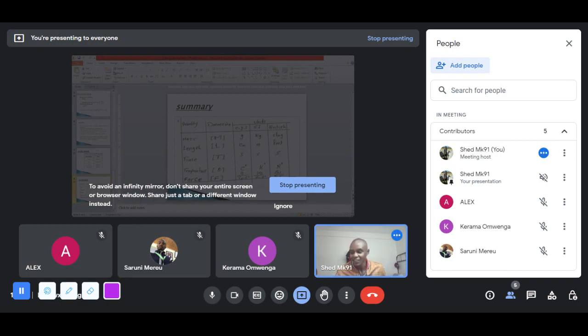Write down the SI unit of mass, length, time, and temperature, and also give the annotation for work. So that is the assignment.